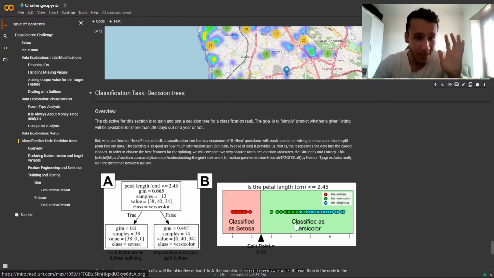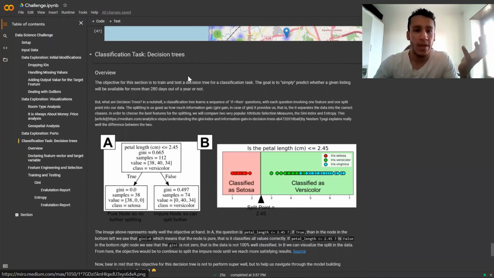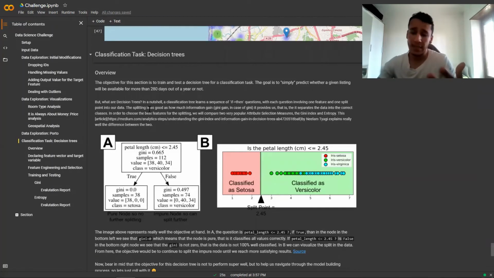So here we have the intuitive explanation of the decision tree, which is basically a sequence of if-then questions, and these questions are used to divide our data. The better the question, the more pure the node is. What I mean by pure is how well it divides the data into the corresponding right classes.